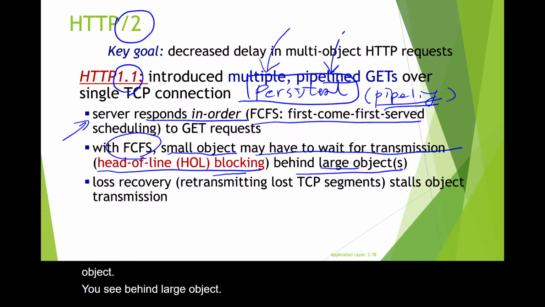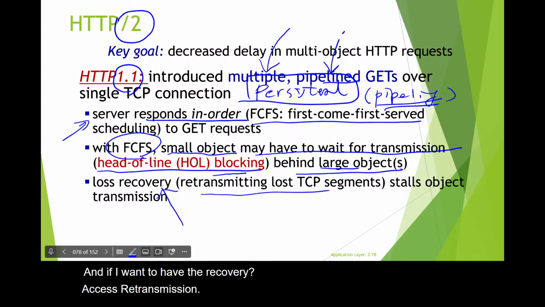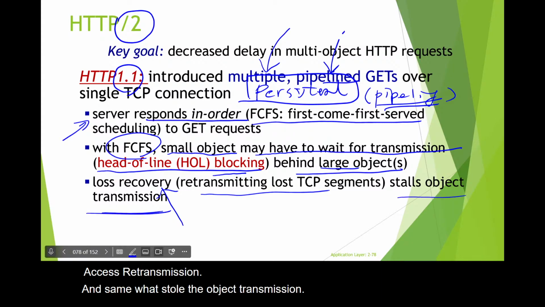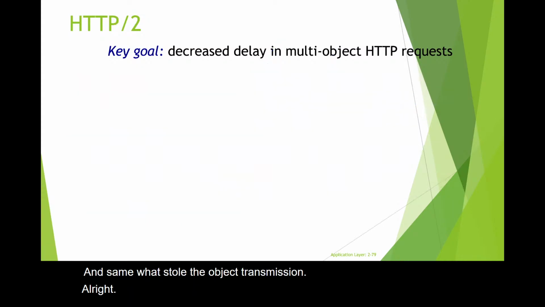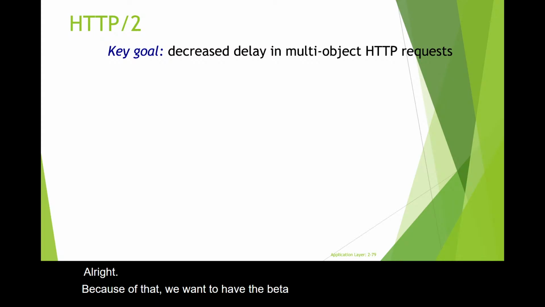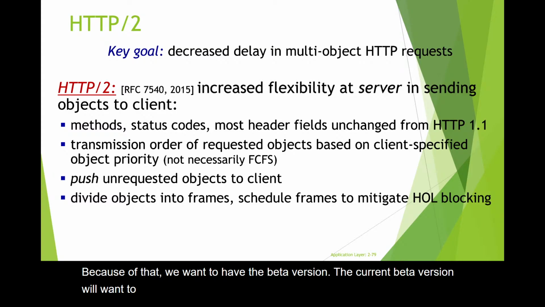And if we want recovery, that means retransmission, the object transmission is stalled too. Because of that, we want a new version. In the current new version, we want to keep all of the previous features, but with some changes.